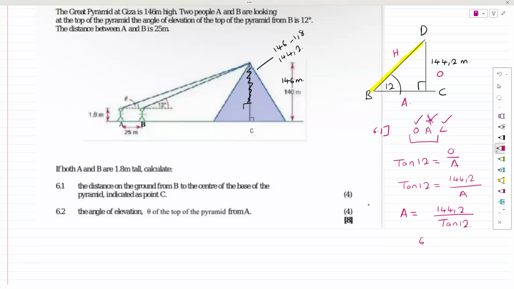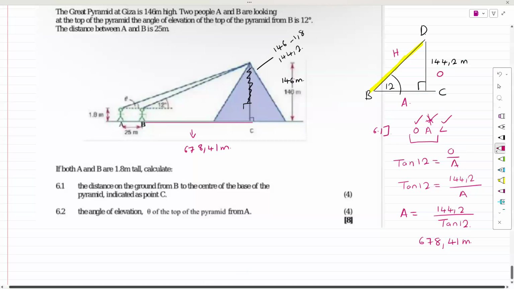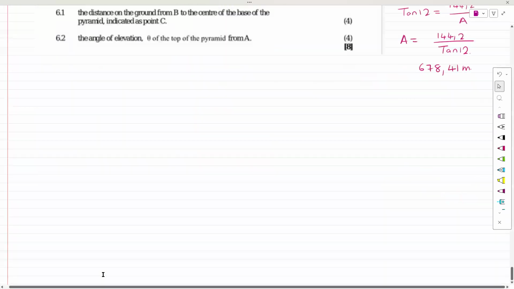This should be 678.41 meters. So this distance here is 678.41 meters. Now they want the angle of elevation to the top of the pyramid from A.